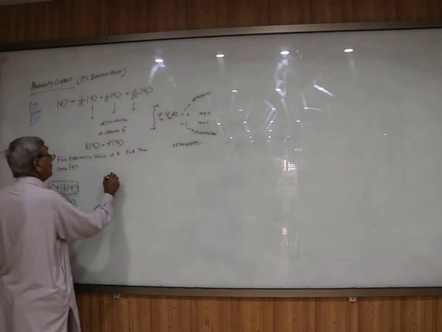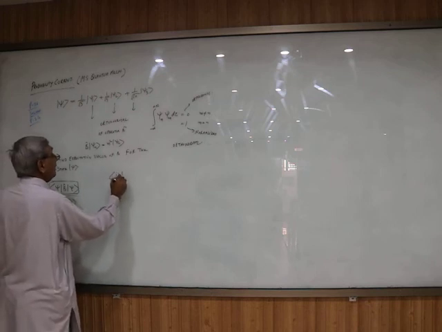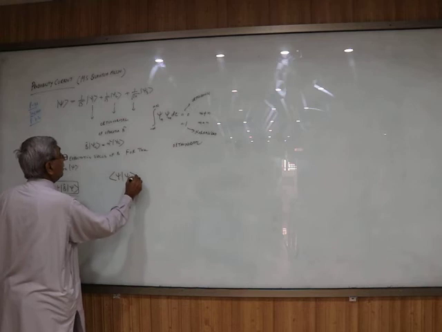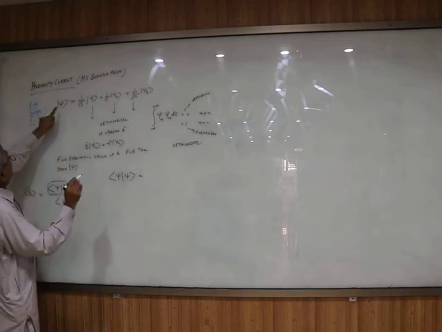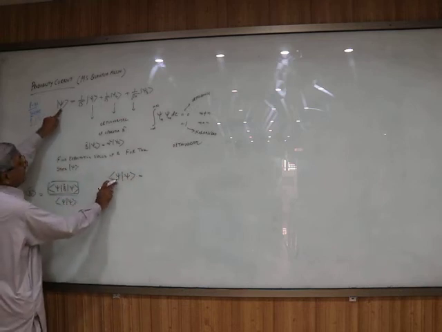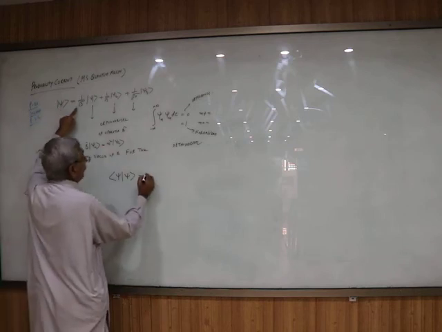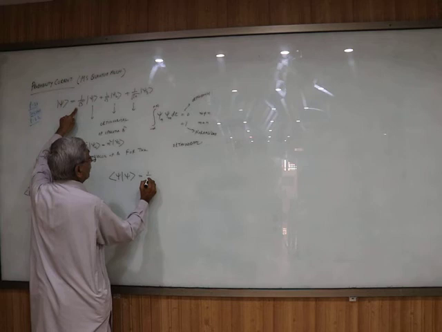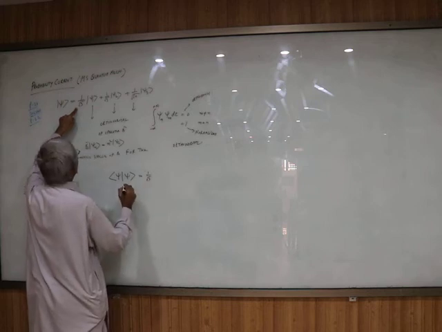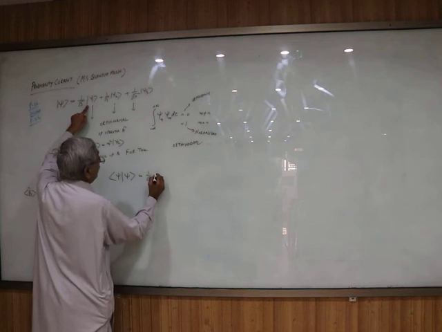And if you find this integral, psi is equal to, that is, multiply it by its bra, so that is done. So it will be 1 over 3, and then again multiplied with psi 1.